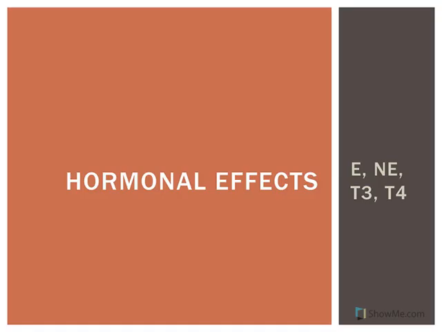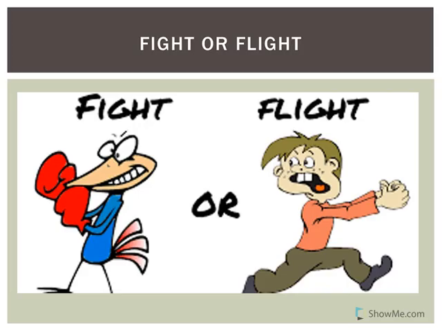Now, other things that could affect heart rate would be hormonal effects. I had previously mentioned when you're in fight or flight mode, the adrenal medulla is going to be releasing epinephrine and norepinephrine into the bloodstream.